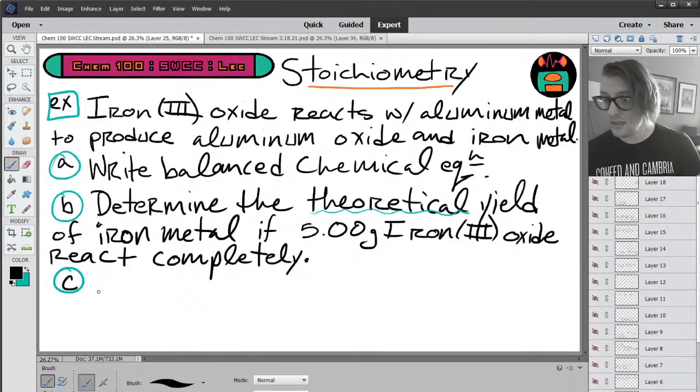Part C to this problem says the following. Let me find it in my notes. There we go.